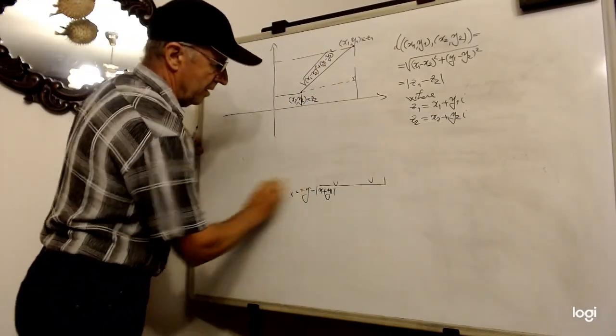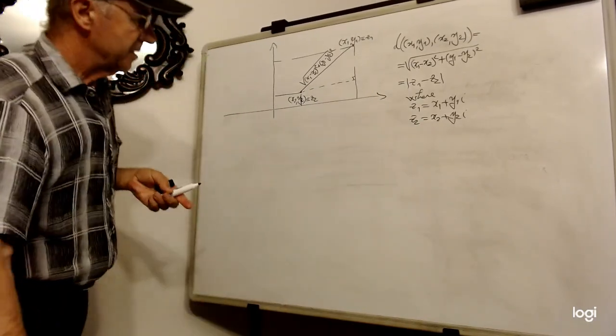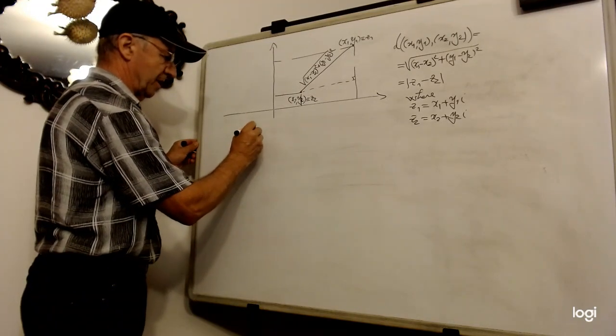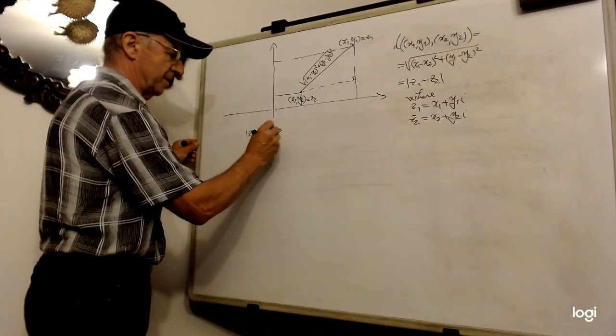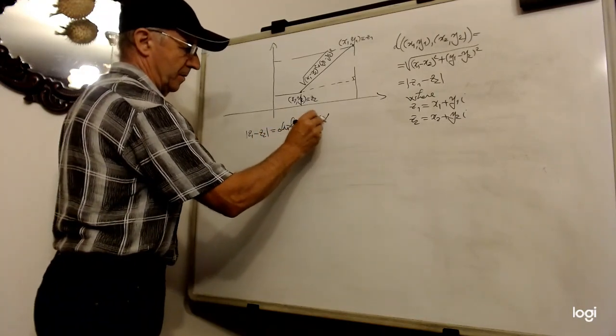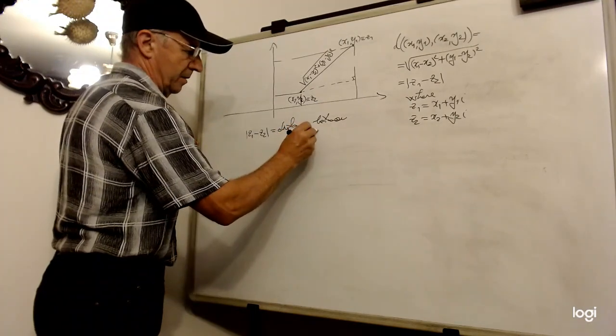So in the complex plane, the distance between 2 points is just the difference: the modulus of z1 minus z2 is the distance between z1 and z2.